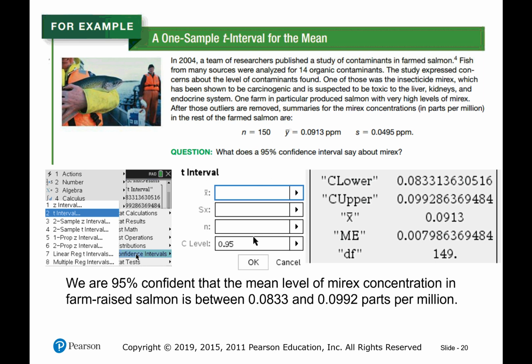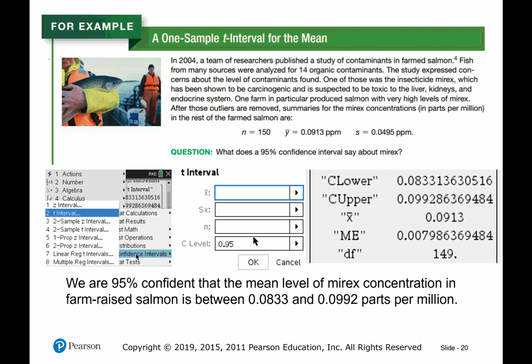You really don't need that. If we're writing the confidence interval, it's those C lower and C upper numbers that you need. Again, just leave them in decimal form. There's no problem with that. We really don't need to be addicted to changing it to a percentage.